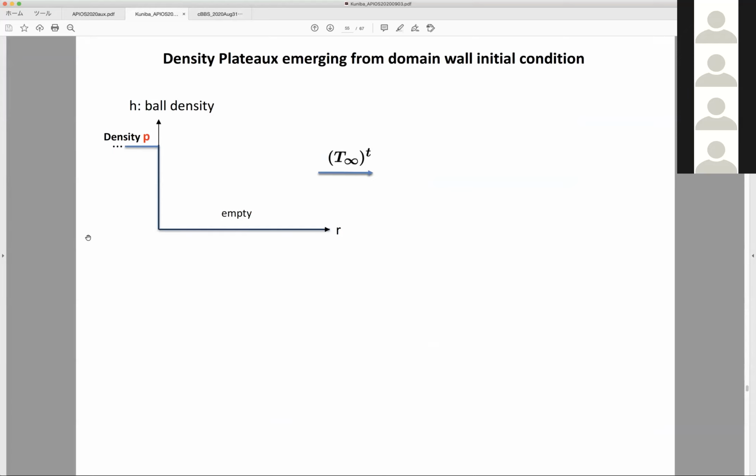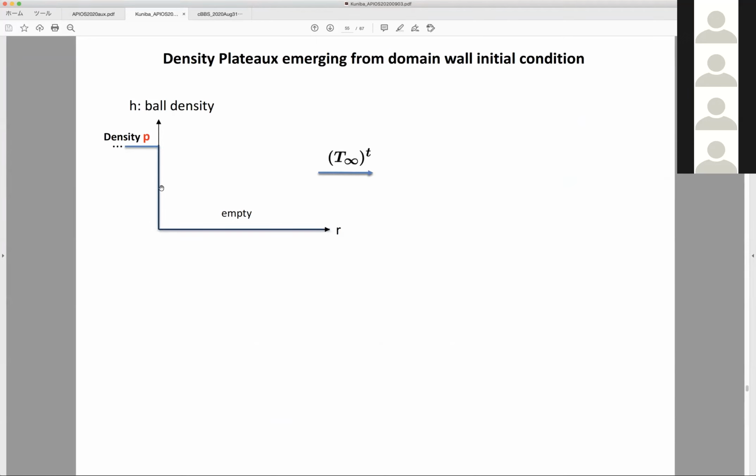To the left of the origin you prepare it in the IID distribution, just randomly putting balls with probability 0.3 at each site and 0.7 empty, and so on. That's the soliton gas here. And the other part is kept empty. That's the initial condition. A very strange domain wall initial condition.